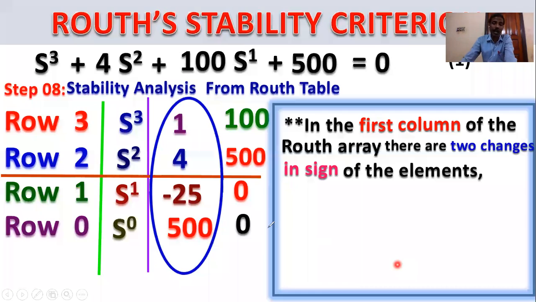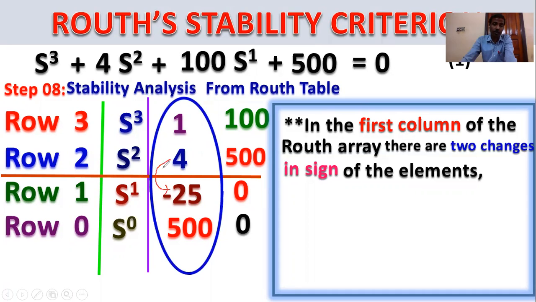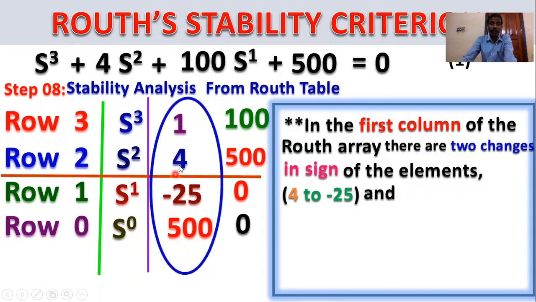Number 1, 4 to minus 25, because 4 is positive and minus 25 is negative. And again minus 25 to plus 500. So 2 sign changes.